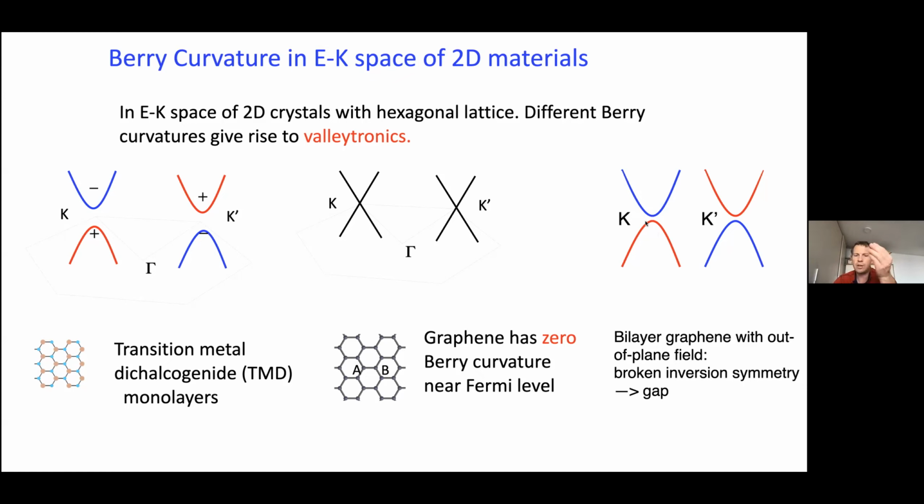It goes to zero at zero gap, but then at small gap, it's very large. And then when you increase the gap, it becomes smaller again. So in that sense, bilayer graphene is a very interesting material for studying effects of Berry curvature. And from this, you can also have other effects like chiral plasmons that were predicted by Justin Song and also Tony Low.